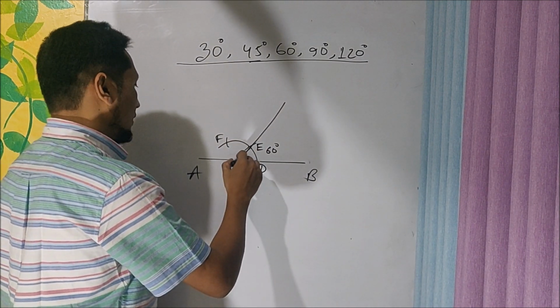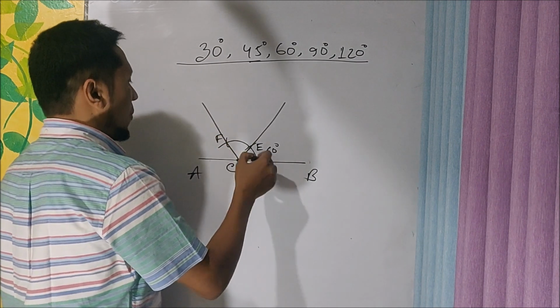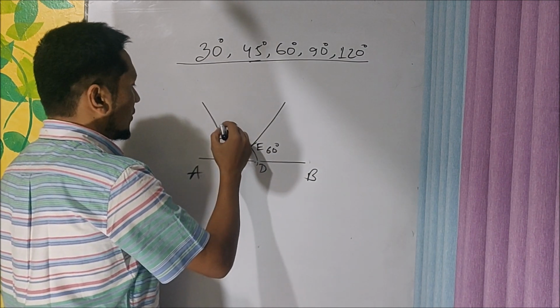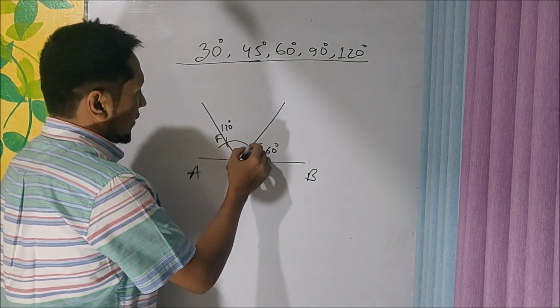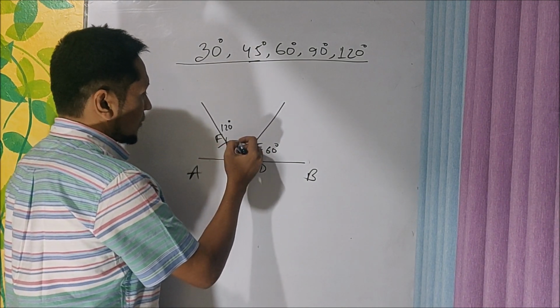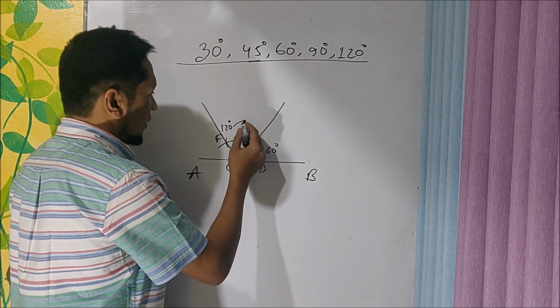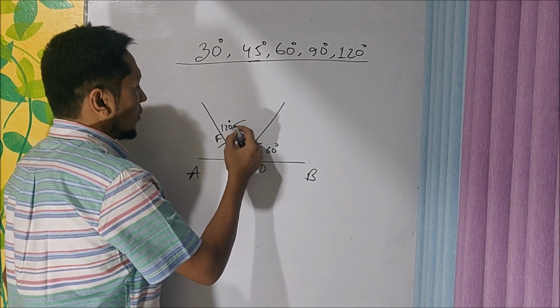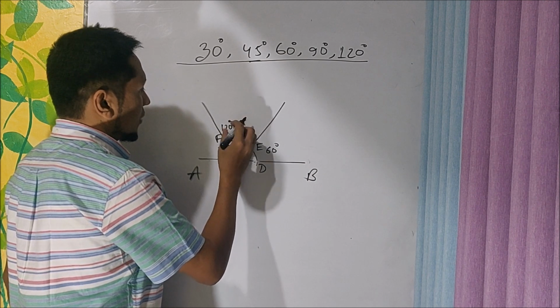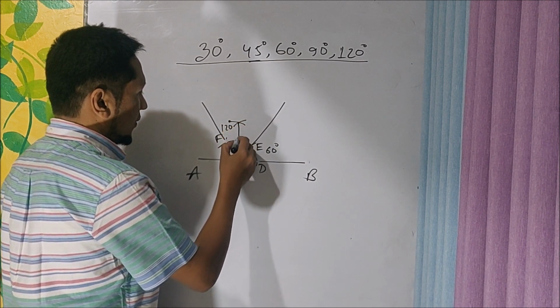If we join CF and produce it, this angle will be equal to 120 degree. Now, if we bisect the arc EF, by taking radius equal to EF or more than half of EF, we can easily bisect it.